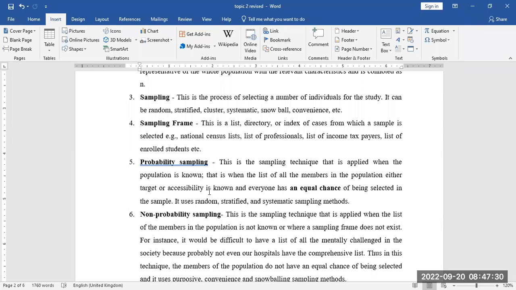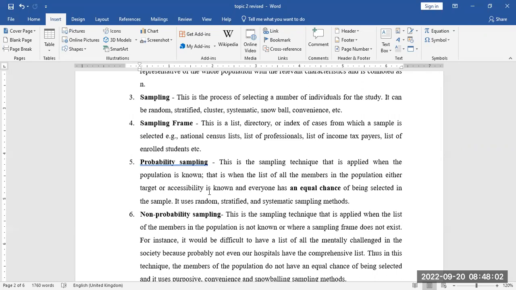For example, if you want to select samples from the population of Zitech University, you can divide your population into strata: year 1, semester 1 is 1 stratum, year 1, semester 2 is the next stratum, and so on. Then from there, you use simple random sampling to select a sample from those strata.